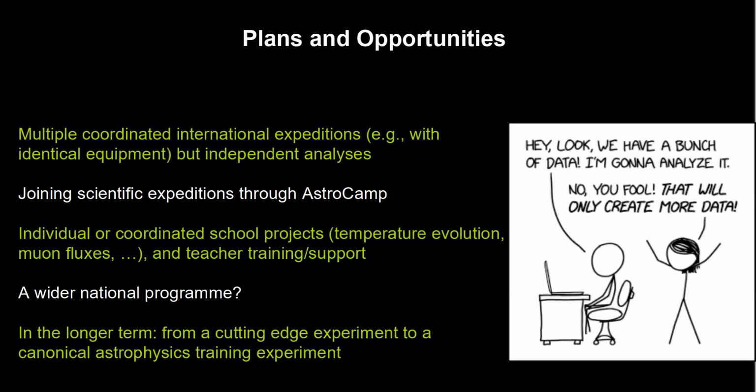And finally, in the long term, our idea, and this is actually the initial motivation for the US colleagues, but I think it's an excellent idea, is to take this from a cutting edge experiment to a standard experiment. What do I mean by that? So for the moment, only one living person, which is Don Bruns, managed to do this successfully with a good level of precision and accuracy.